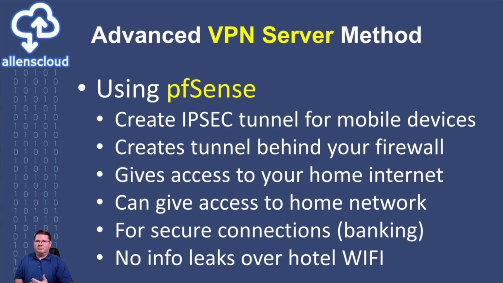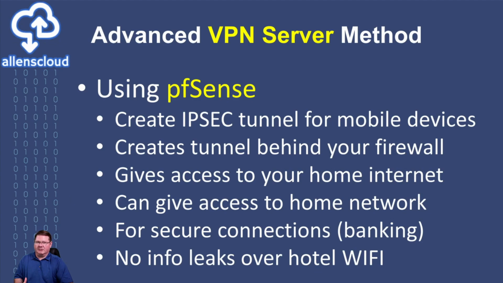It creates a tunnel from your device behind your firewall. Now you can go behind your firewall and just go straight to the internet, or in pfSense, you can also give yourself access to your devices and servers and things like that. Or if you're hosting internal websites and things like that, you can give yourself access to the local network as well. It gives you that option.